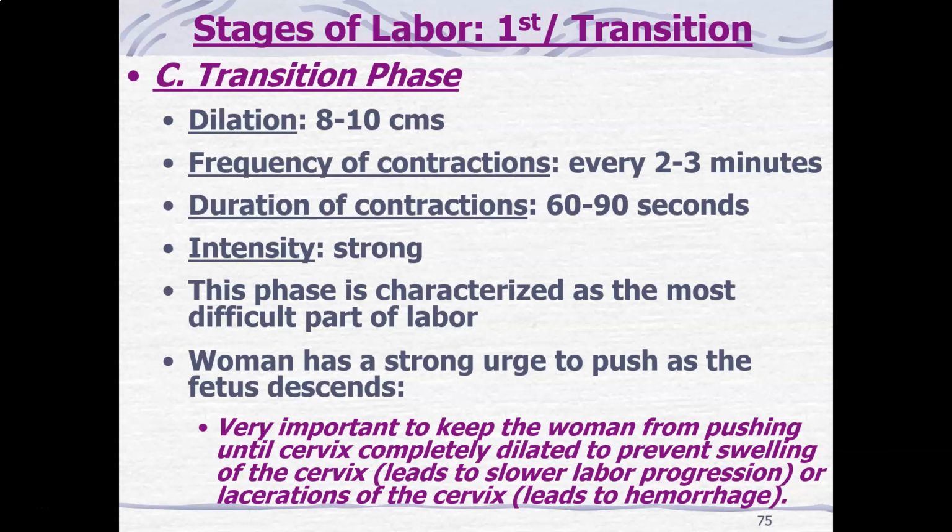If she tries to push through a cervix that's not quite at 10 centimeters yet, it may be 9 or 9.5 centimeters, or what they call an anterior lip, where there's still just a smidge of cervix left, we get a slower labor progression, because we cause a lot more swelling, and we may get lacerations of the cervix, which can lead to hemorrhage.